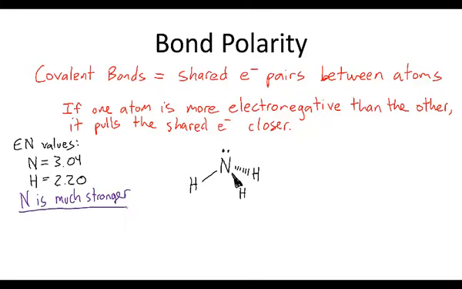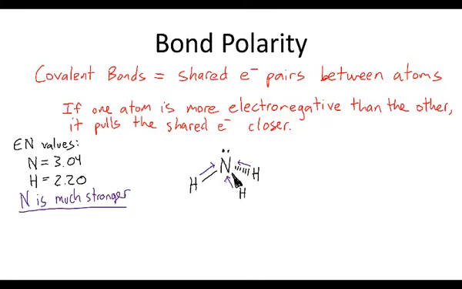So in terms of polarity, what that means is in each of these bonds, the shared electrons get pulled closer to nitrogen. And sometimes we represent that by drawing little arrows to say, all right, the electrons are getting pulled closer to nitrogen.